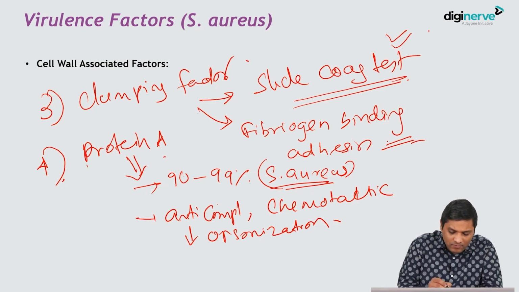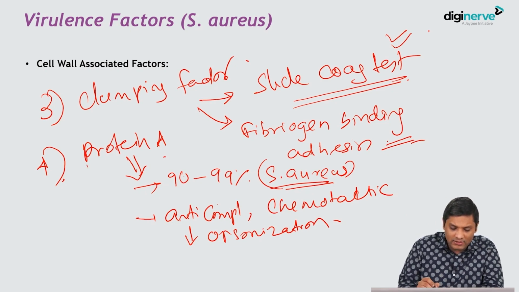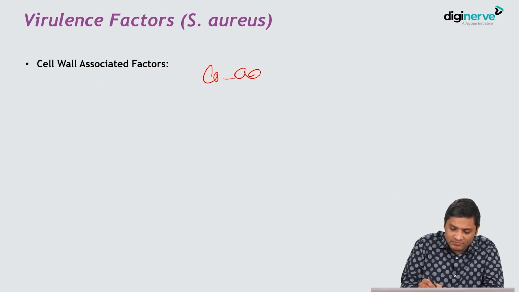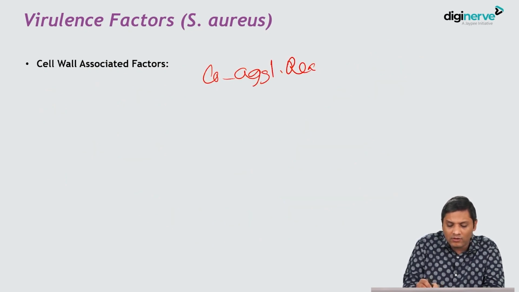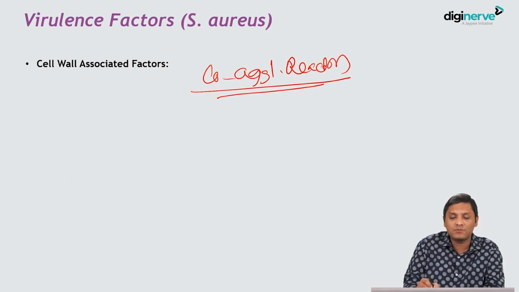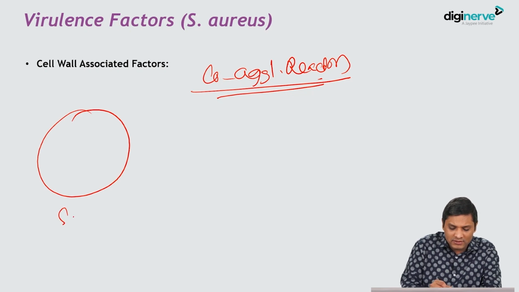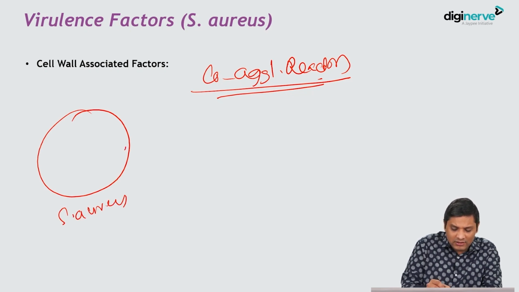Protein A also helps in another important property which is called coagglutination reaction. Coagglutination reaction is an exclusive property of protein A of Staphylococcus aureus. What happens? This is Staph aureus. This is the protein A of Staph aureus.